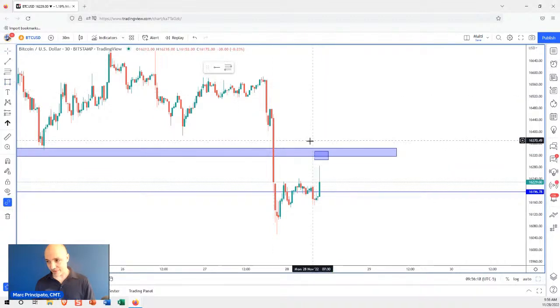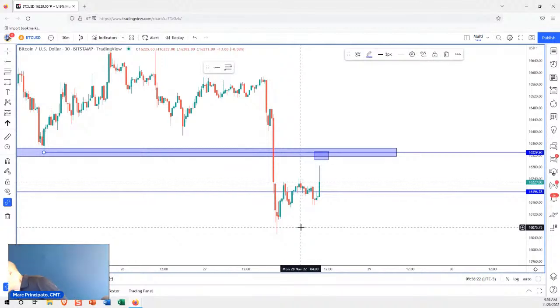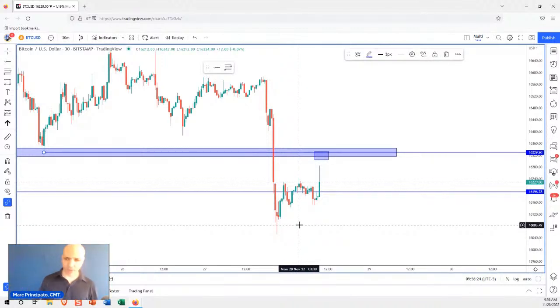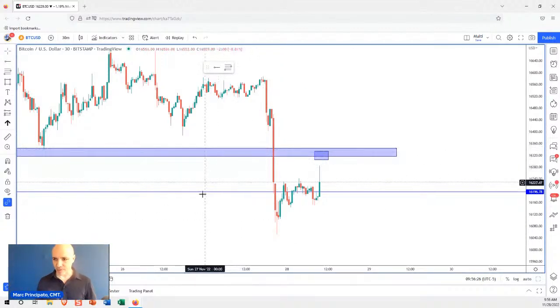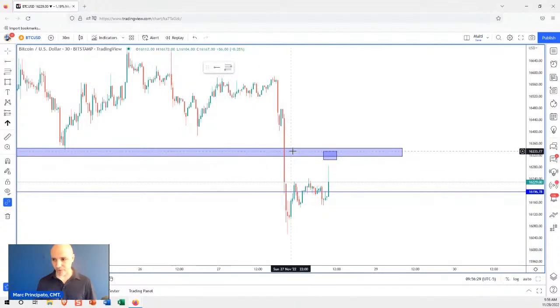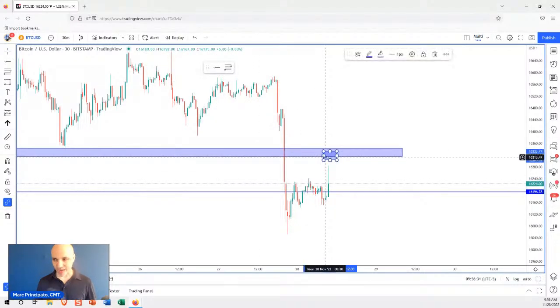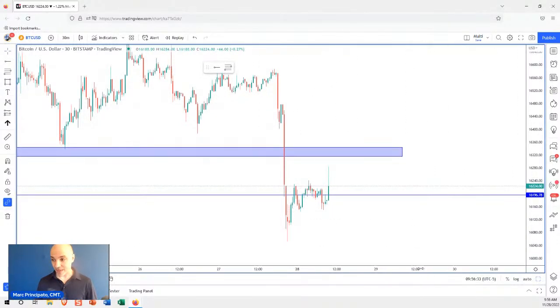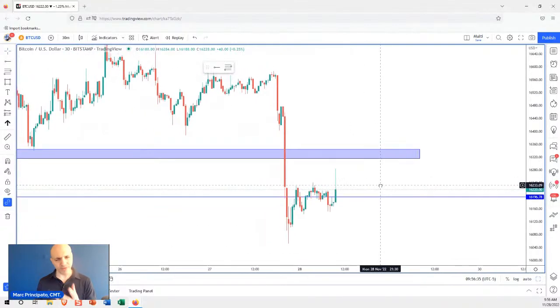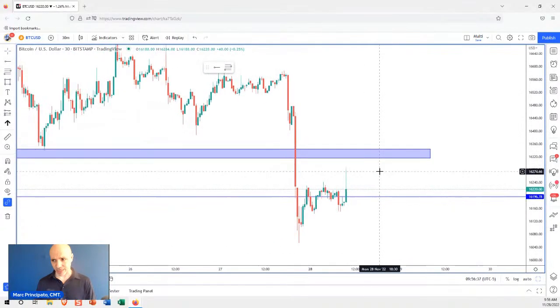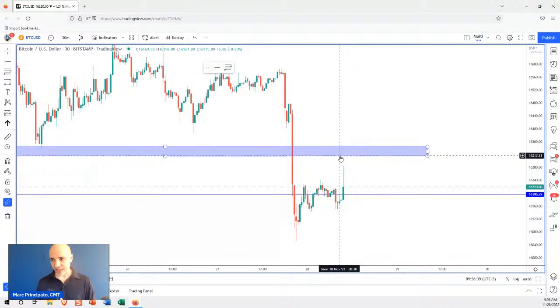So I have that identified. What level is that? That's around 16,300. Okay, that 16,300 area. That number keeps coming up, by the way. I've actually had a swing trade idea that I shared on TradingView based on that number. It was not an official swing trade. It was just a general idea, but that was a level.